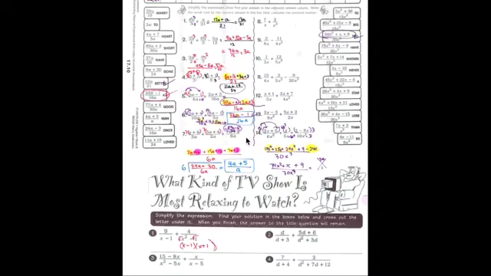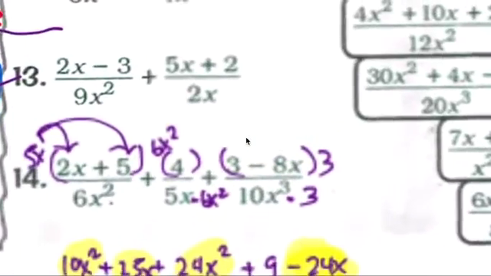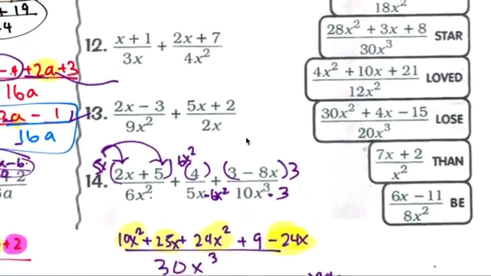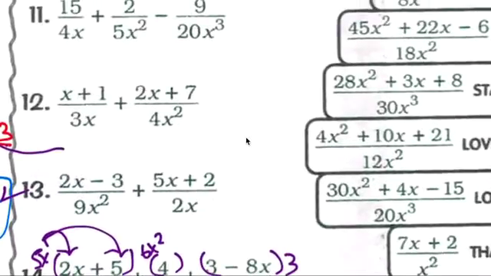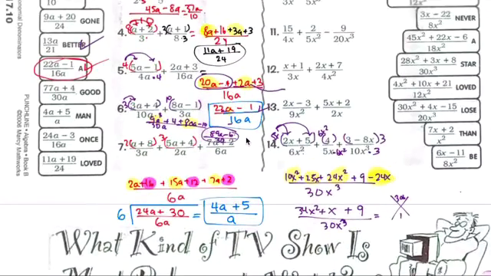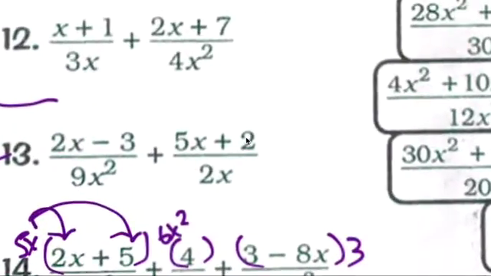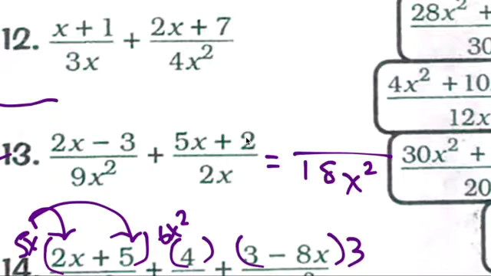Okay. And then number 13. Wow. This took a lot of work, you see. This needs to be on a separate sheet of paper. The common denominator is 18x squared. So times this by 2. So 4x minus 6 times this by 9x.